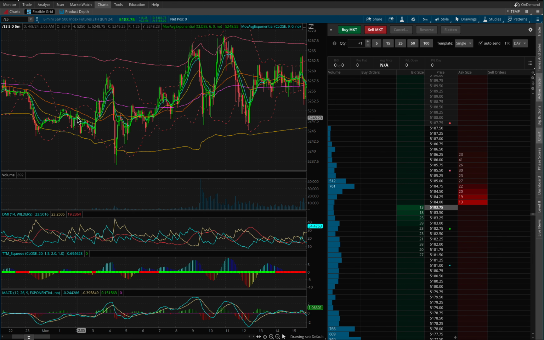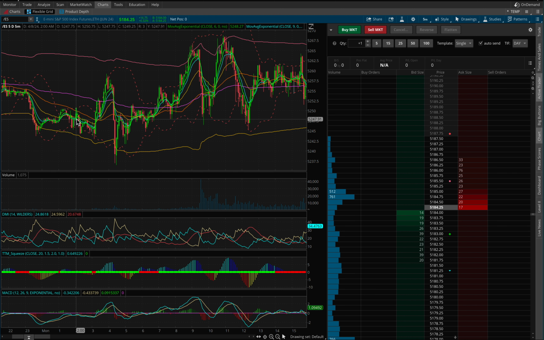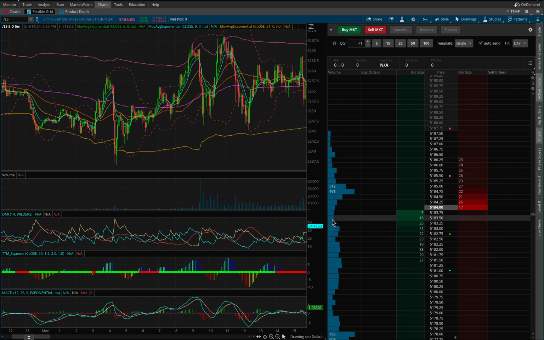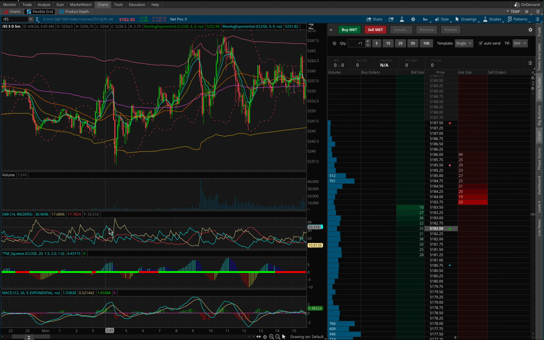One contract is about, I believe, 100 shares of SPY, and you get 4-to-1 leverage on that, so it just moves a lot more than if you were to trade the SPY. You could trade the SPY, that'd be fine, and you could use this exact same setup to trade the SPY. But you just get more leverage, and the prop firms trade futures because it does offer more leverage. So anyway, I'm going to explain the indicators first.